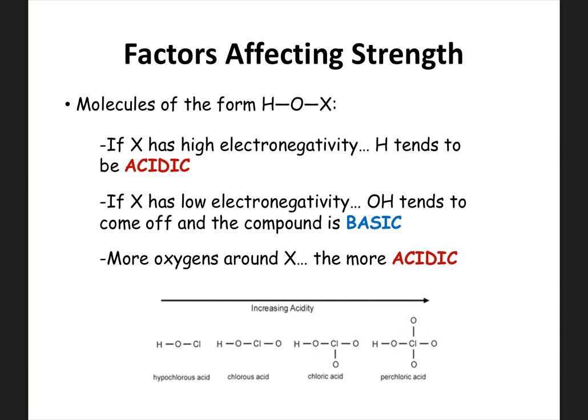We get more and more acidic here. 2 oxygens around the chlorine is a little bit more acidic than just 1. 3 is even more acidic. And by the time you get to 4 oxygens around the chlorine, you now have perchloric acid, which is a strong acid here. All right, so these are just some things that can affect the strength here of an acid or base. Remember, anytime you have more oxygens around a particular element, the more acidic it's going to be.